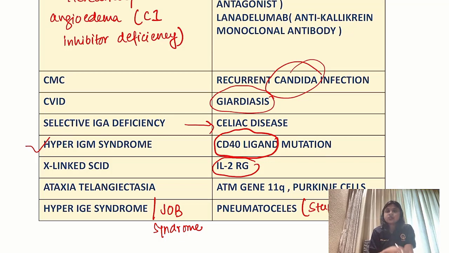In celiac disease, the most common primary immunodeficiency is selective IgA deficiency, and Bombay blood group is associated with leukocyte adhesion disease type 2. Atypical mycobacterial infections occur in GATA2 deficiency, and at least you should know all the drugs related to hereditary angioedema. This is a very short table which summarizes all the primary immunodeficiencies that we encountered.